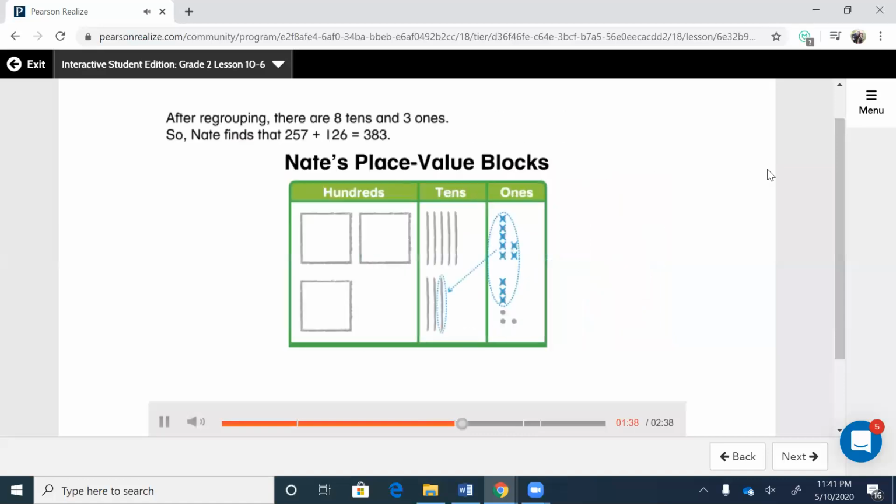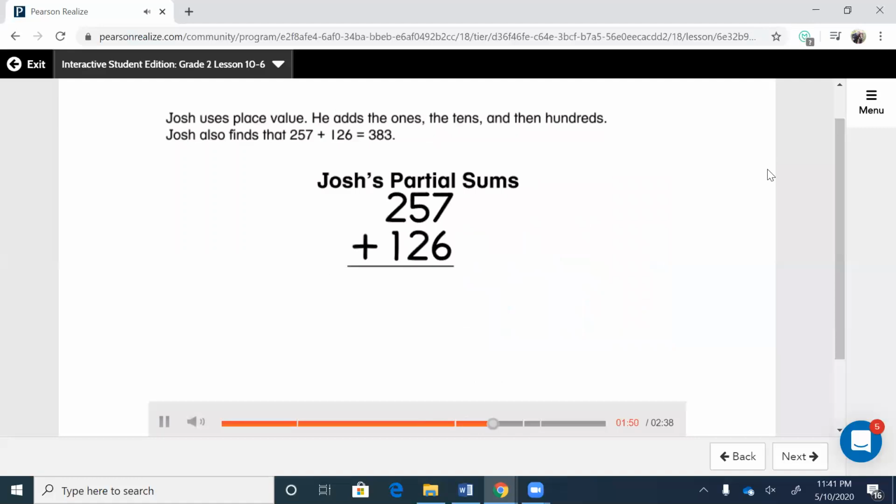After regrouping, there are 8 tens and 3 ones. So Nate finds that 257 plus 126 equals 383. Josh uses place value. He adds the ones, the tens, and then hundreds. Josh also finds that 257 plus 126 equals 383.